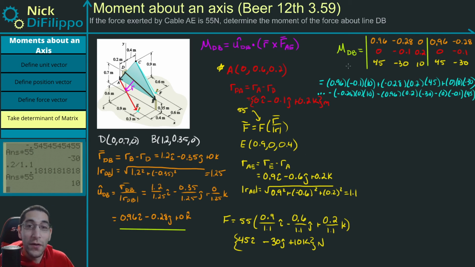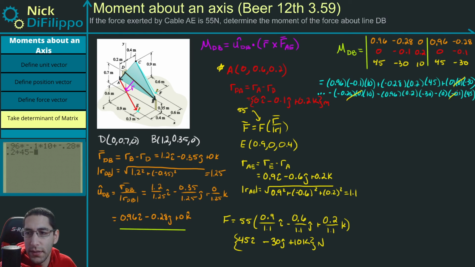So now we just need to go on the calculator. And this is one equation. And we can put it in the calculator. 0.96 times minus 0.1 times 10 plus minus 0.28 times 0.2 times 45 plus, I don't need to put the next one in, it's just 0, minus the next, this term right here, well, this term is 0, so I can just get rid of it.